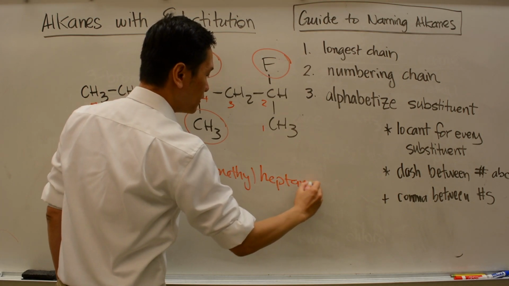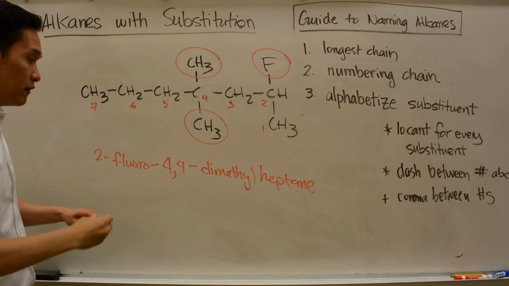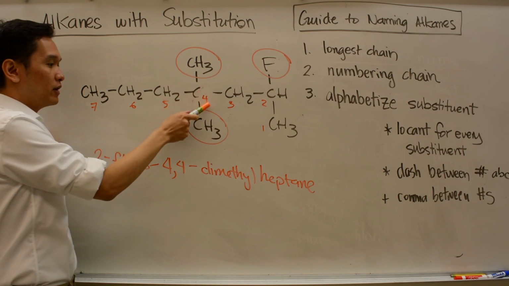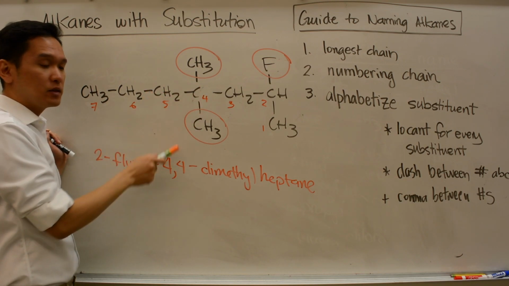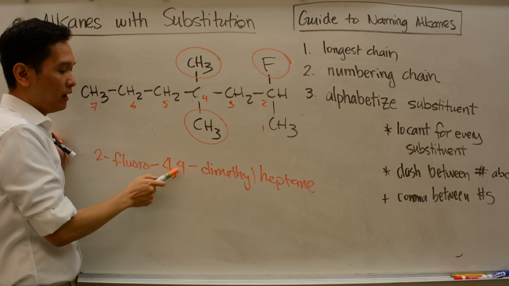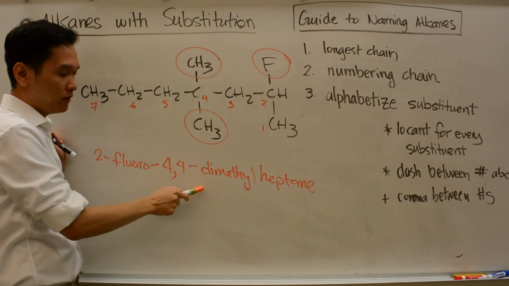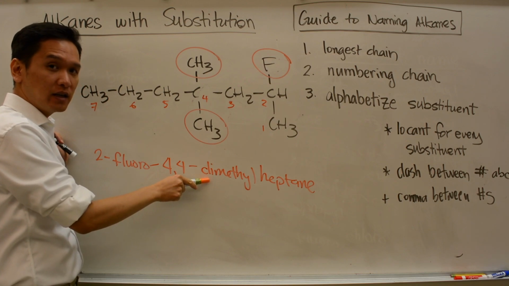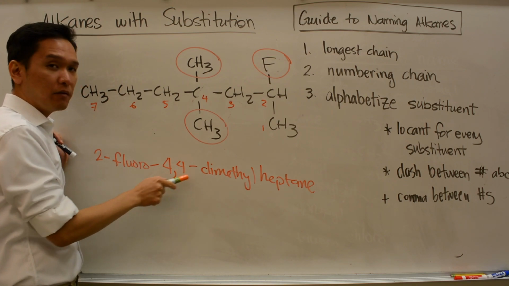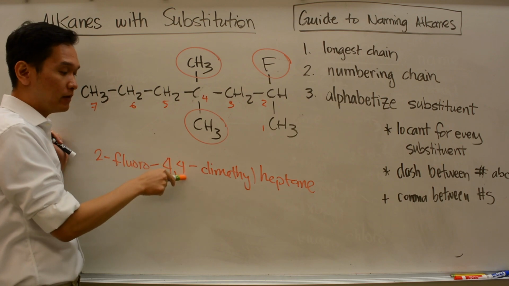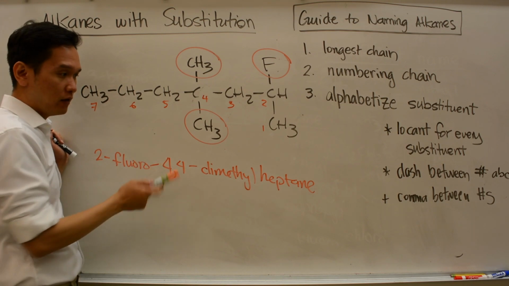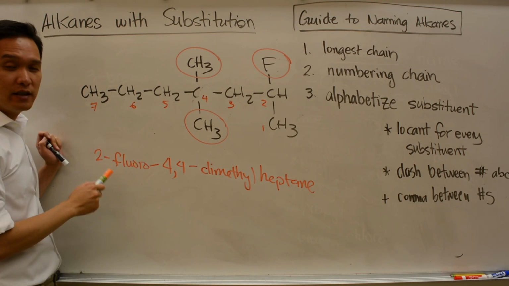Okay, again, I want to emphasize 2 things here. First is that the locant number, you have to write it for every substituent. Even though it's just 2 methyl groups and they're both on number 4, you have to write 4, 4. The di here means that there's 2 of them. The 4, 4 means here the first one is on number 4, the second one is also on number 4. You can't just omit one of them. The second thing I want to emphasize here is the alphabetizing.